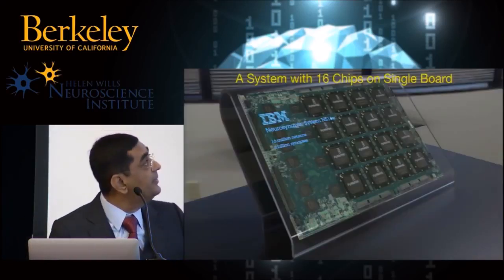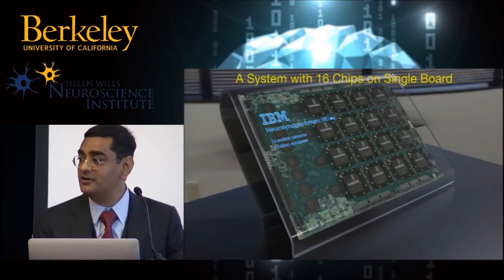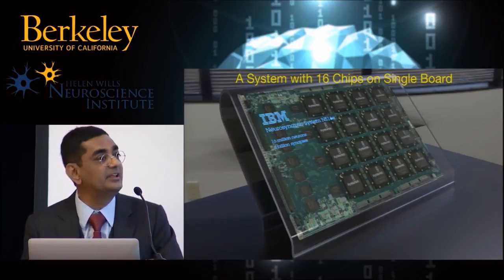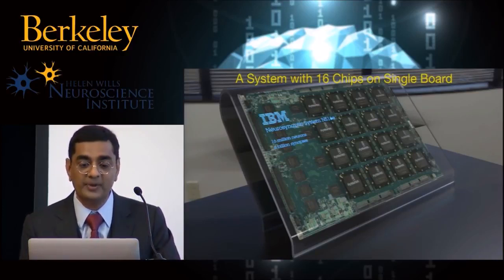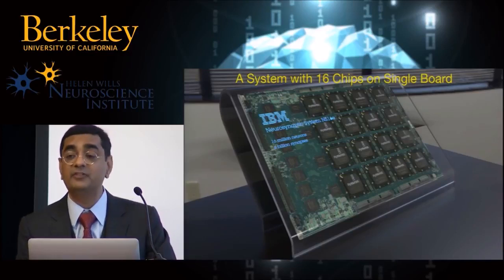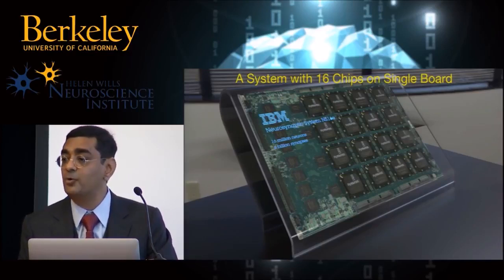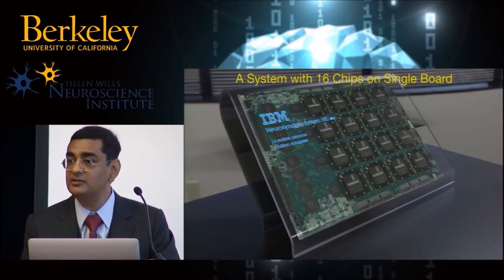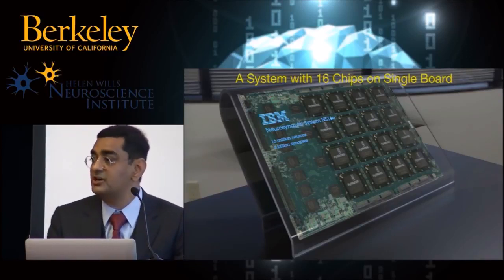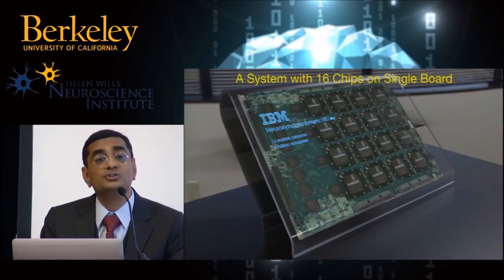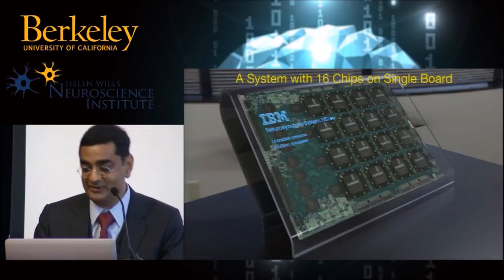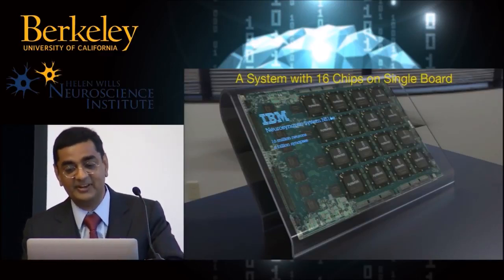And so as a result, we are now building a scale-up supercomputer with 16 chips, 16 million neurons, 4 billion synapses, that will be shipped to Lawrence Livermore National Lab, Department of Energy, God willing, March 31st of this year. So, it's always slip up, right? What's a week or so in research?